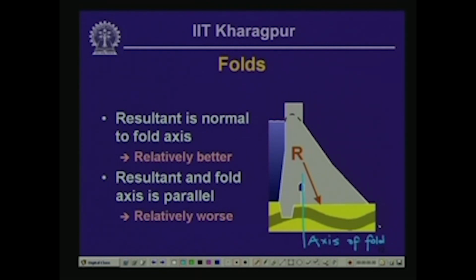So in this particular configuration we are somewhere at an intermediate situation, but since the dam axis is parallel to the axis of the fold, this configuration is not considered the most optimal siting of a gravity dam.